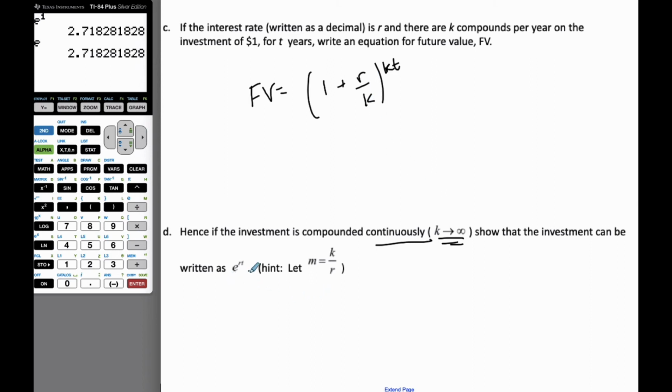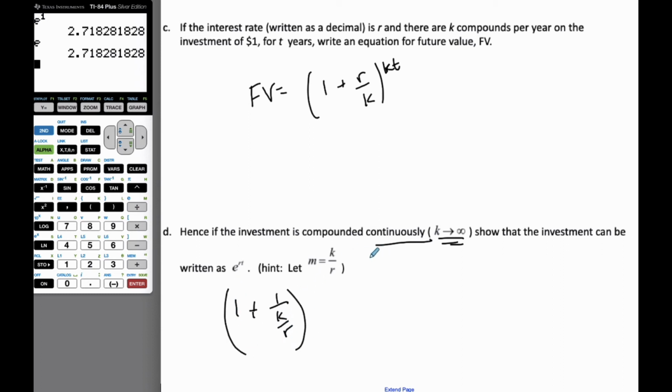Show that the investment can be written as e to the rt. Here's a hint: we're going to make m equal k over r. So if I take 1 plus r over k, and I want k over r, I can rewrite this as 1 over k over r.